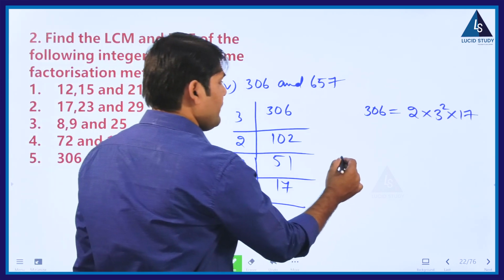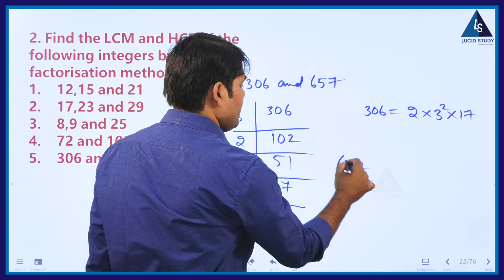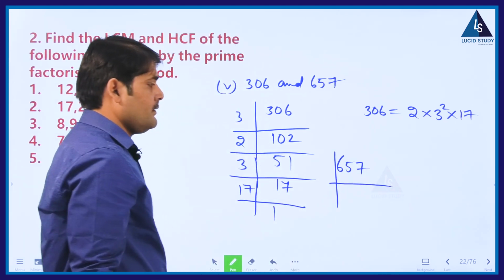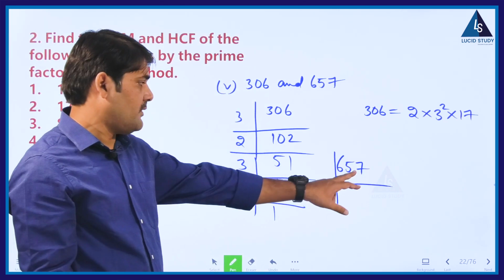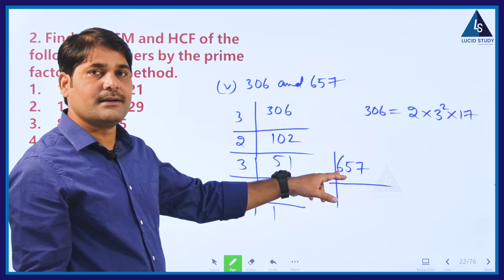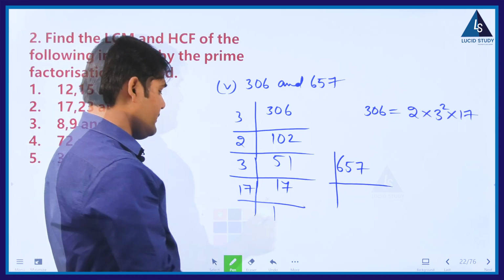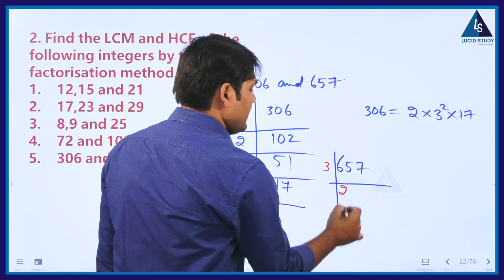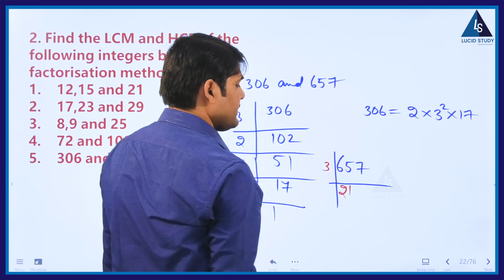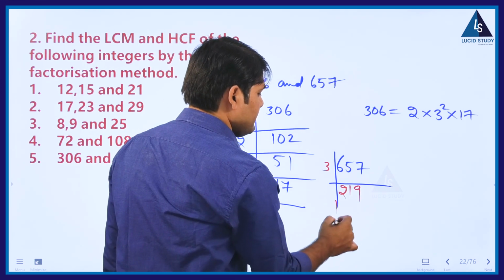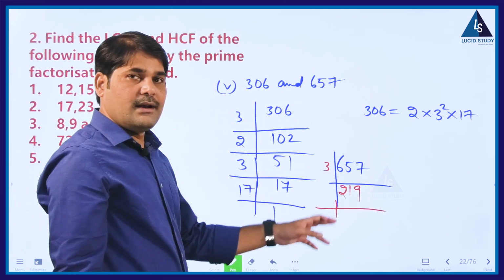Similarly 657, I will write prime factors. Add all these digits, 7 plus 5, 12, 12 plus 6, 18. 18 is divisible by 3, so the entire number is also divisible by 3. So 3 table, 3 2s are 6, 3 1s are 3, 3 9s are. Again it is divisible by 3.